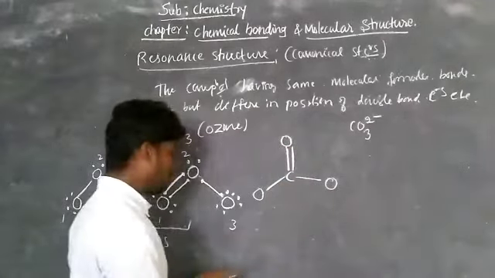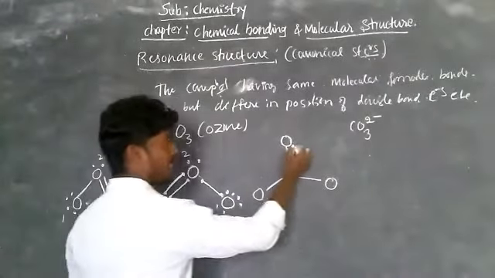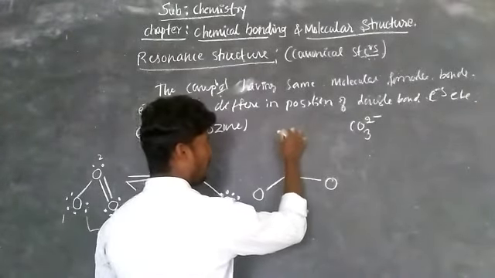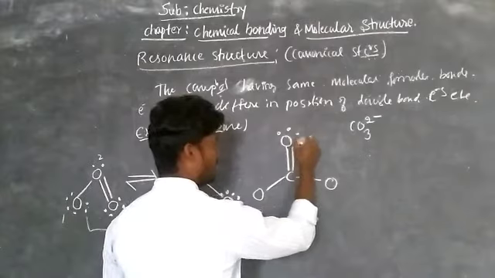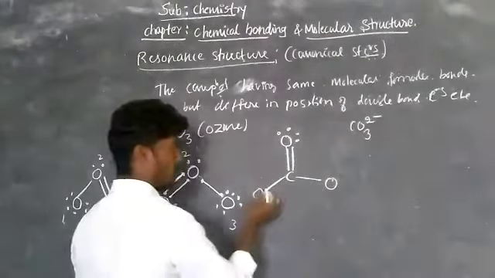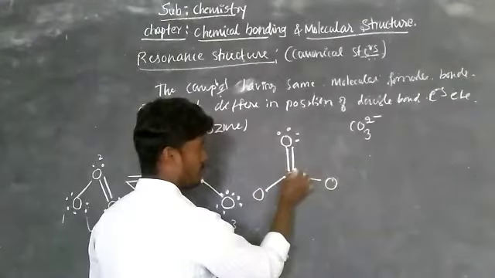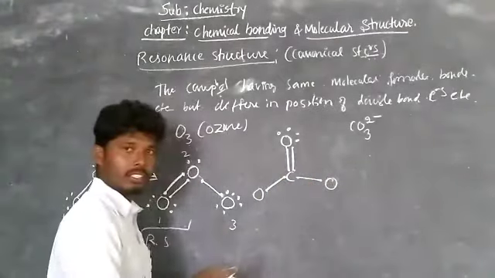Okay. Totally on oxygen, how many electrons are there? 6 electrons, right? Out of 6, it shares only 2. The remaining 4 electrons are here. CO3 2 minus. Now here, out of 6, only 1 electron is shared. Got it?